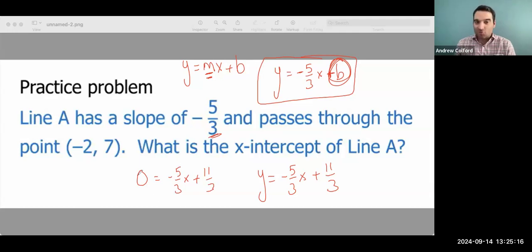Add 5/3 x to both sides so that it cancels out. And I get 5/3 x equals 11/3. Multiply both sides by 3. So 5x equals 11. X equals 11 over 5. That's what I get.